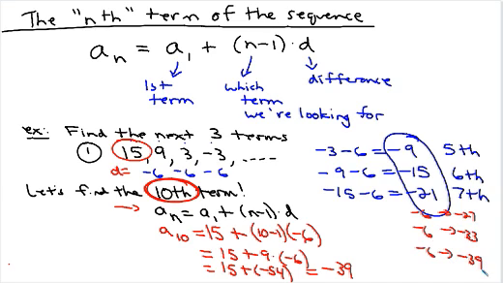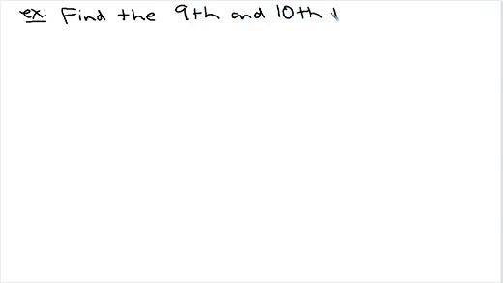All right, so I want you to try one on your own. I'll put this up here, and then I will pause the video for you to try them, and then I will go over it. And you should pause the video and try this without my help. Find the 9th and 10th terms of, it's going to be an arithmetic sequence.